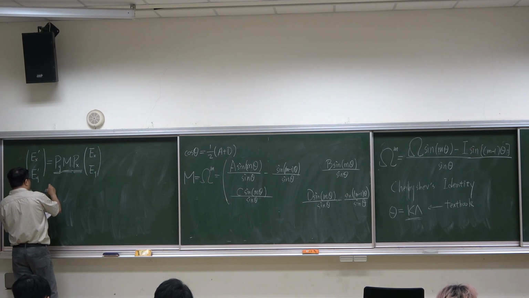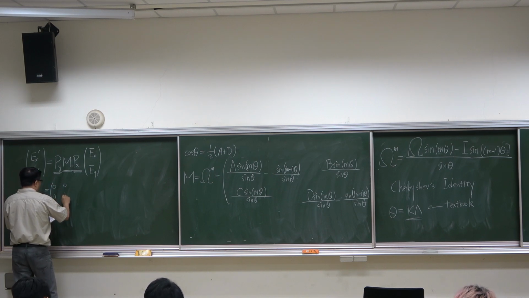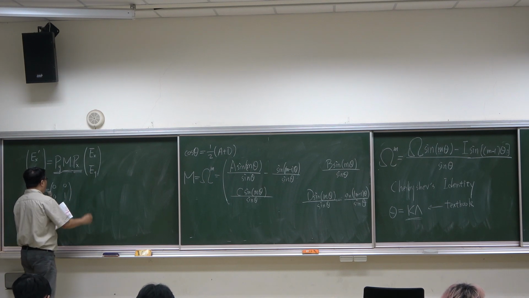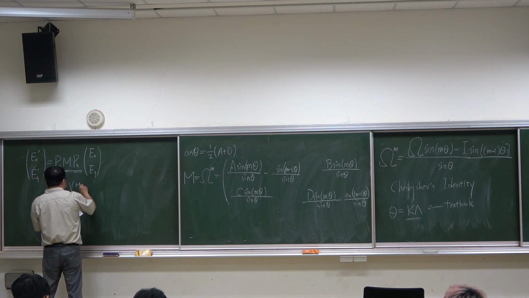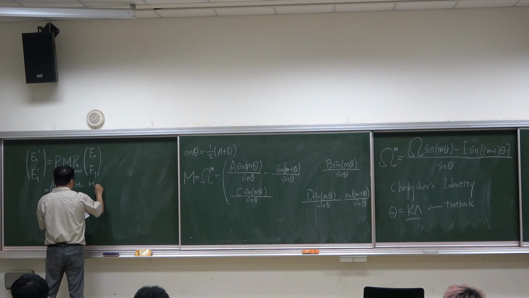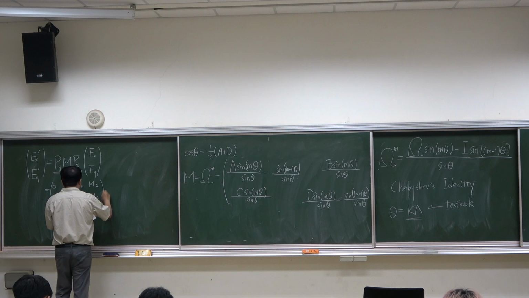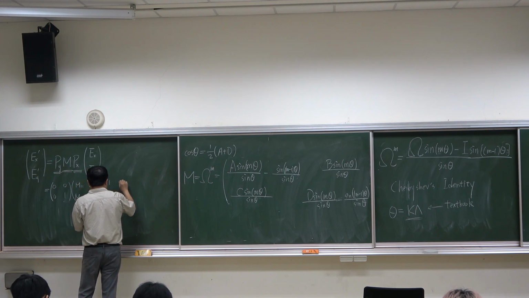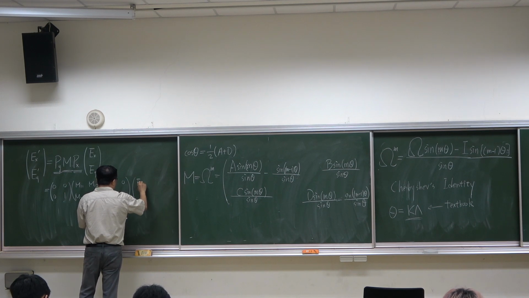So this means that the Y polarizer is 0, 0, 0, 1. I denote M as M11, M12, M21, M22. And the X polarizer is 1, 0, 0, 0 times Ex, Ey. Okay?